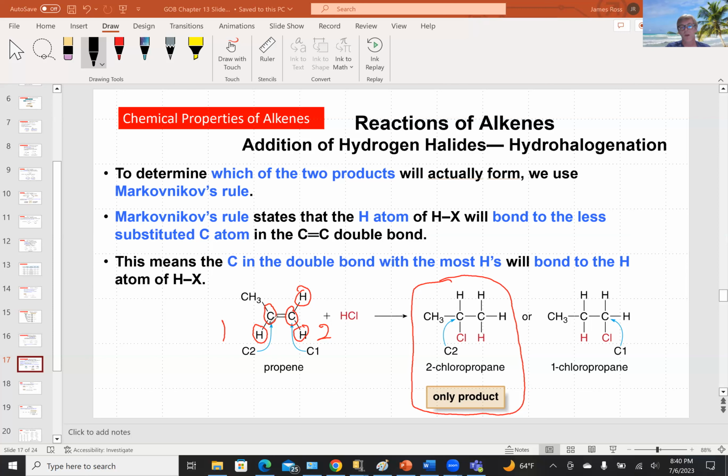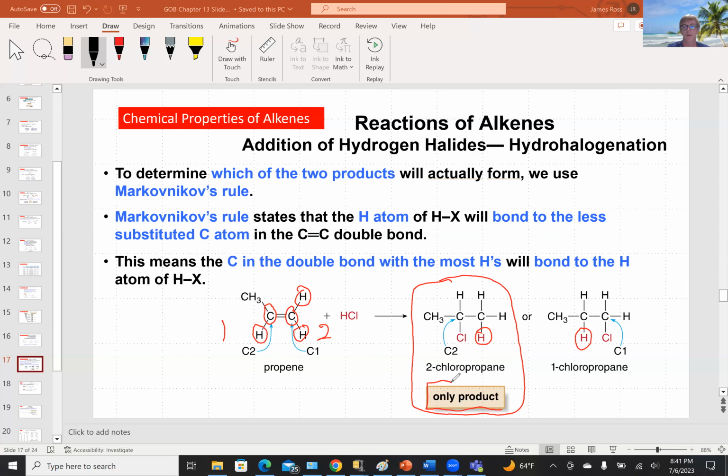So there's a difference, right? The carbon on the left has 1 hydrogen immediately bonded to it. The carbon on the right has 2 immediately bonded to it. Markovnikov says the carbon with the most H's gets the H. Therefore, the carbon that already has 2 H's will get an additional H. So rather than the H go to the carbon with the least H's, the H goes to the carbon with the most H's.